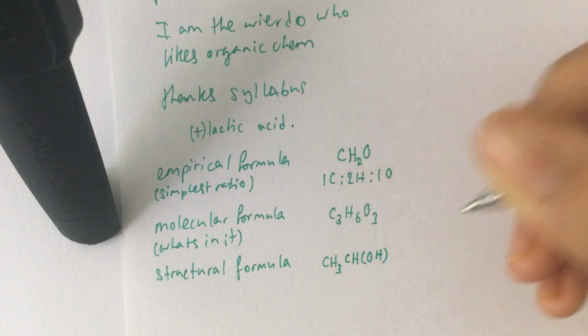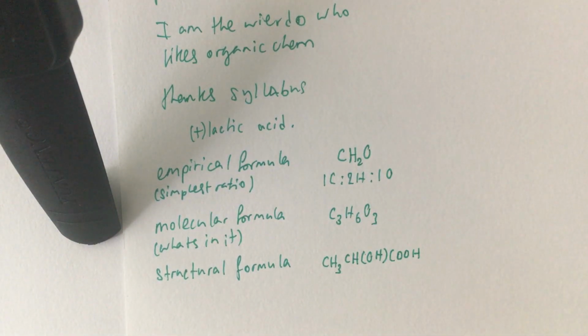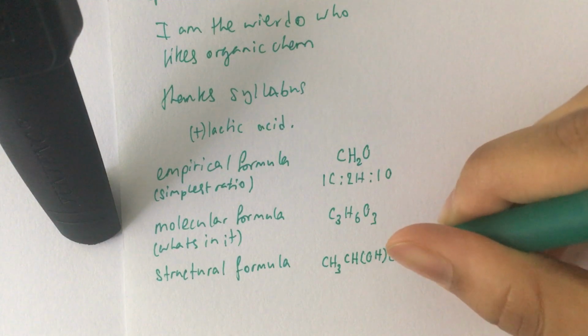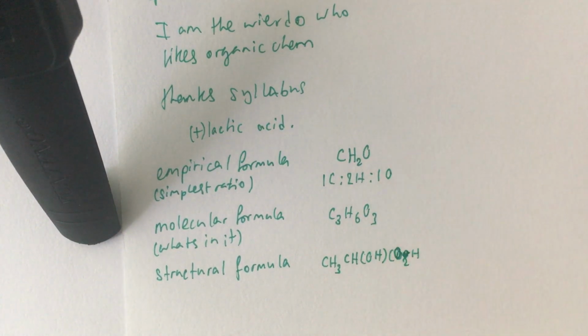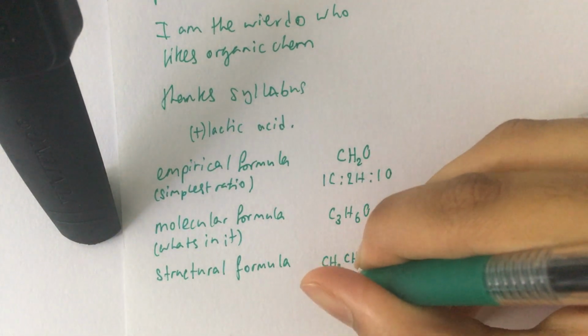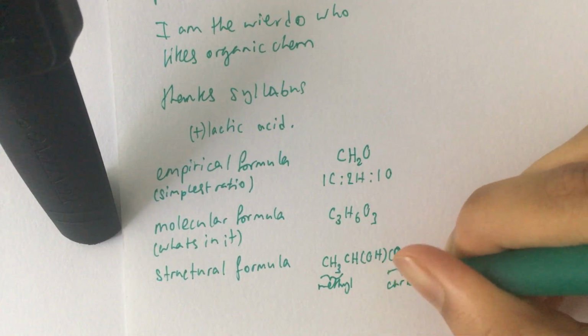In this scenario, they represent lactic acid as CH3CH(OH)CO2H. So we know that there's a CH3 group at one end and a CO2H group at the other end, and next to the CH3 group there's a CH with the OH attached to the same C, and then the CO2H. So that's what you can get from this.